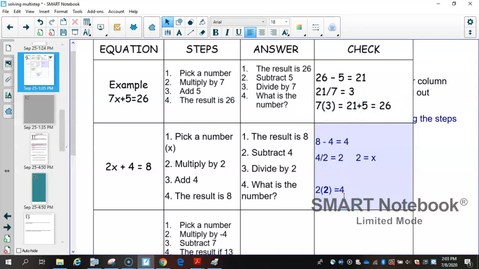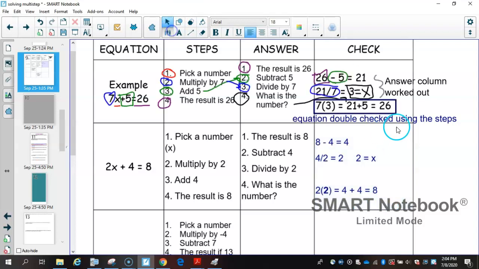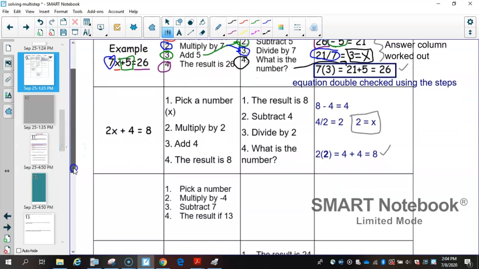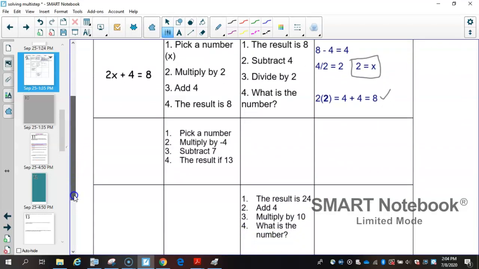So we know this is 4. And then this is being added to 4. And that result is 8. So that works out. So like I said earlier, this is just a way to check this.